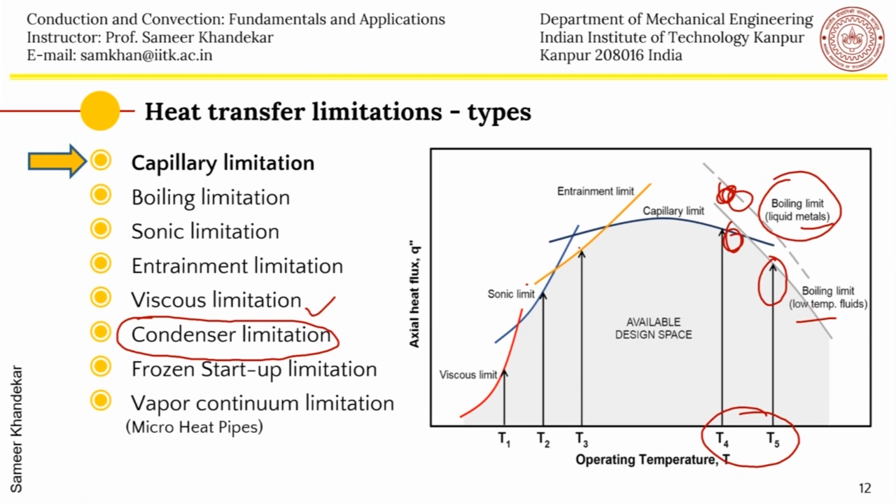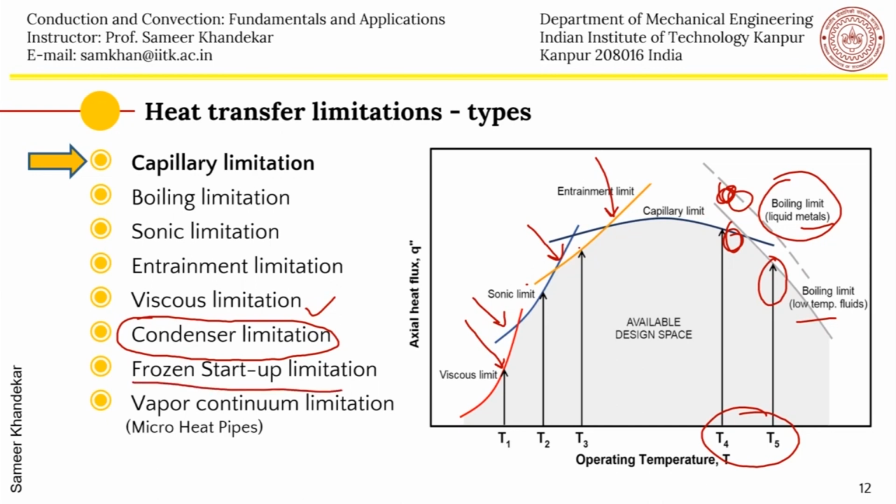Now, the heat pipe can also be frozen. For example, in space, if you use some fluid and it is facing deep space, and you have chosen a fluid which freezes at that temperature, it may freeze also. So when you start some heating, the liquid is not really in circulation, so there can also be a frozen startup.